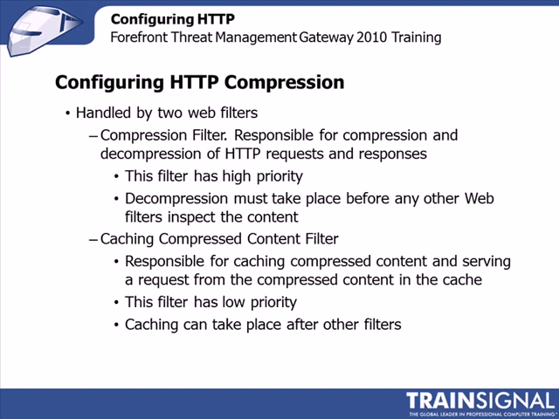The caching compressed content filter is responsible for caching compressed content and serving a request from compressed content in the cache. This has lower priority because caching can take place after everything else has been done. So once you've decompressed the content, once you've run it through your HTTP filter, that's when something can be cached. You don't really need to worry about it early on in the process.